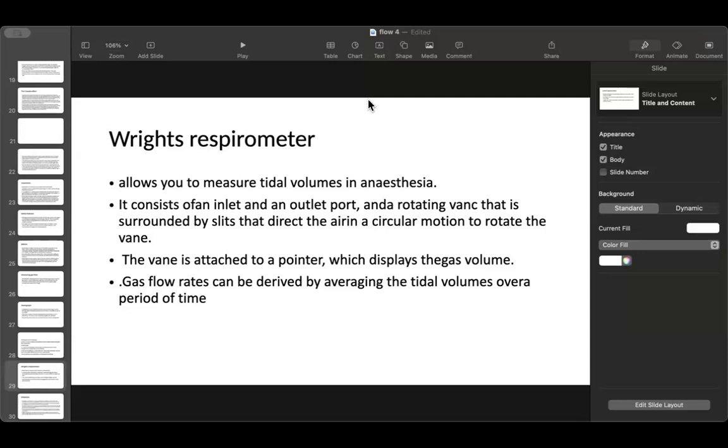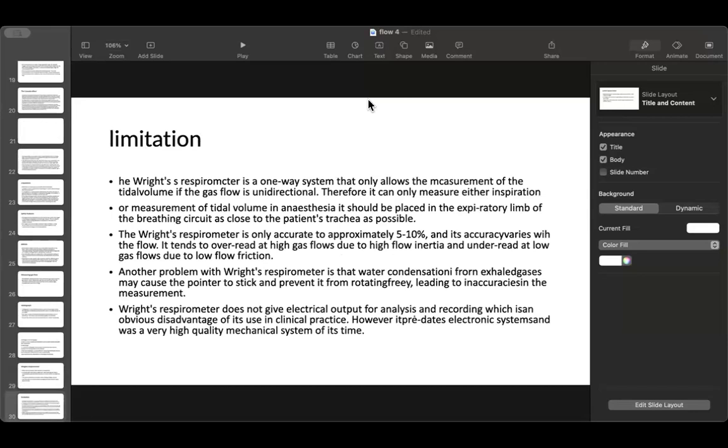Gas flow rates can be derived by averaging the tidal volume over a period of time. The limitation with the Wright spirometer is that it's a one-way system, so it can only measure flow in one direction, either inspiration or expiration.